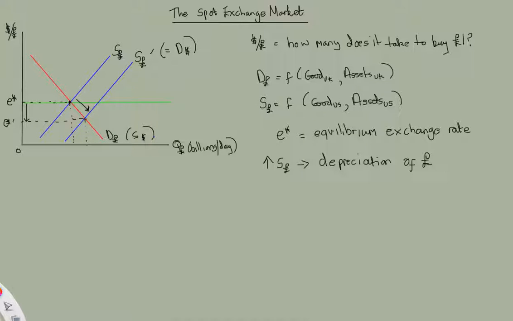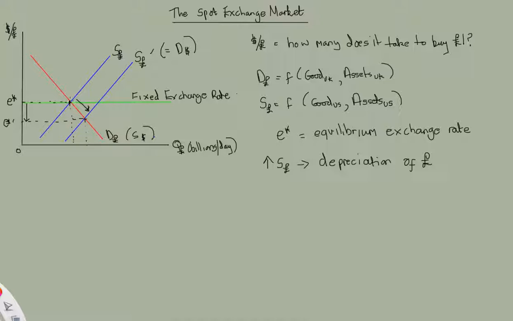But let's suppose that we have a fixed exchange rate regime so that the initial price happened to be the equilibrium. If we fix the exchange rate at that initial equilibrium, you can see why we get into trouble, because we have a natural shift in the supply of pounds, but the demand for pounds stays the same.